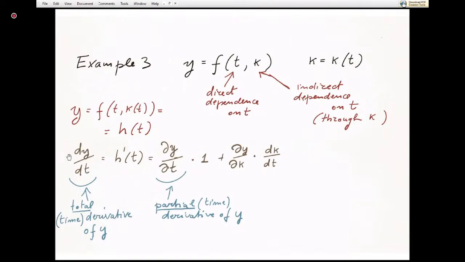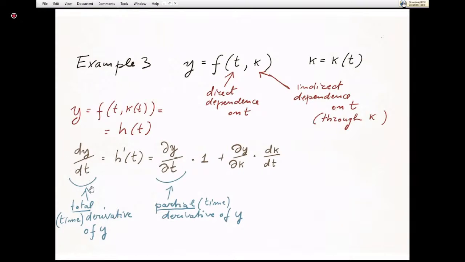And this is the reason why this is called the total derivative and this is the partial derivative. Because now, on the left side, you have the total derivative of y with respect to time, the total time derivative of y. On the right, you have another derivative of y with respect to time, which is not the total derivative. This is the partial time derivative of y, okay? So on the right, you have the partial time derivative of y that captures the direct dependence of your variable y on time.